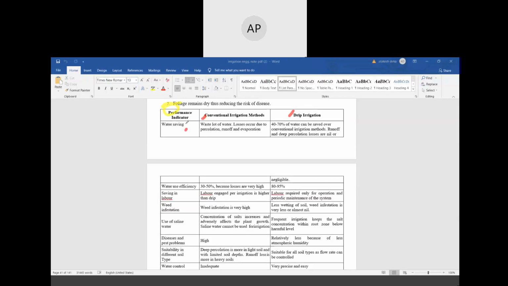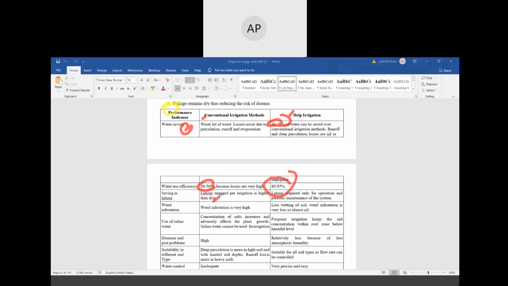In case of water saving, lots of water is lost in the conventional method, but in drip irrigation, 40 to 70% of water can be saved. Efficiency is 30 to 50% in the conventional type because losses are very high, and in drip irrigation it is 80 to 95%.